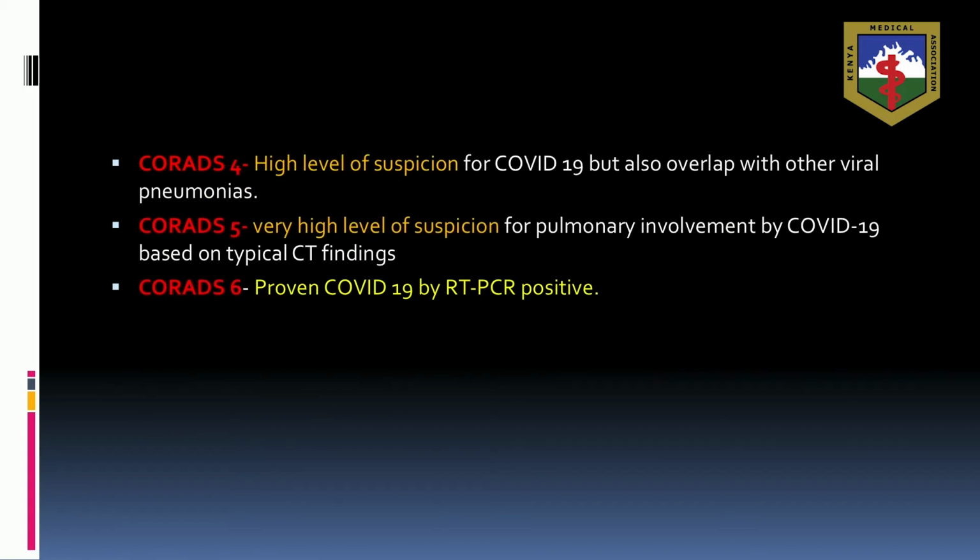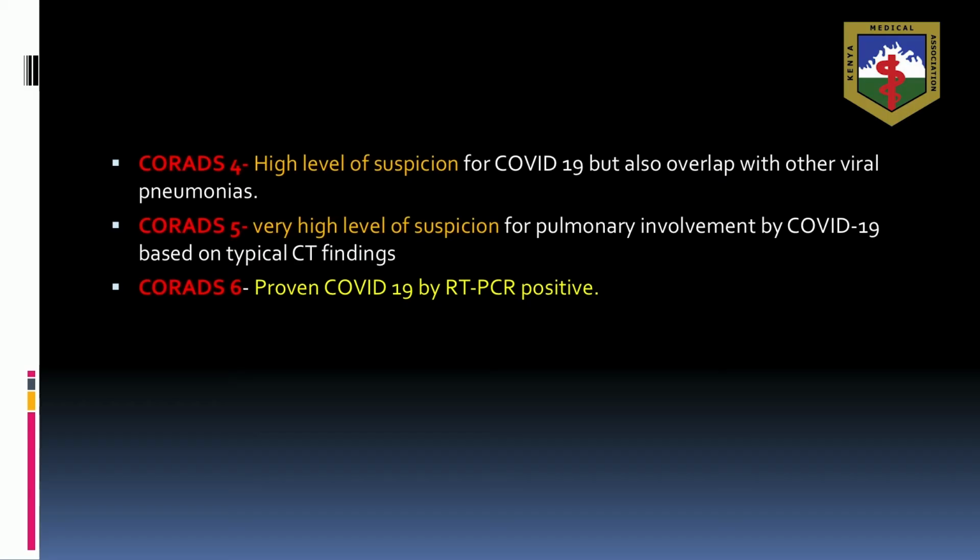In CORADS 4, you have a high level of suspicion for COVID-19, but also overlap with other viral pneumonias. In CORADS 5, you have a very high level of suspicion for pulmonary involvement by COVID-19 based on typical CT findings. In this case, you can start treatment as you plan for a PCR test.